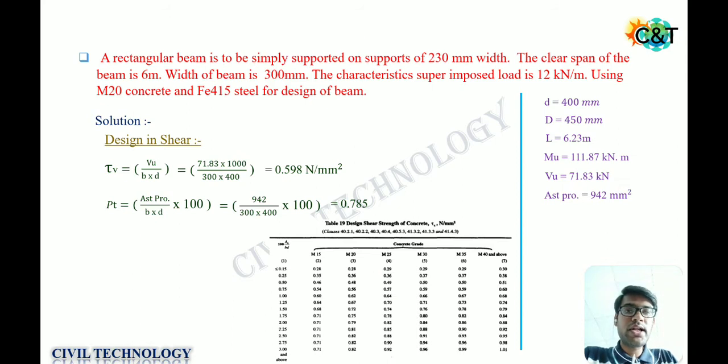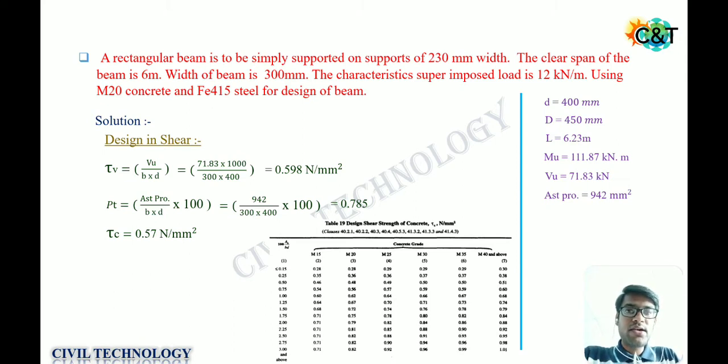If you interpolate these two values, you get the value, that is 0.57 Newton per mm².